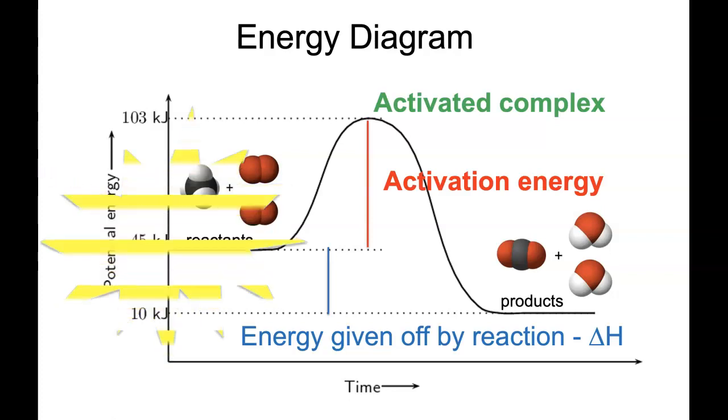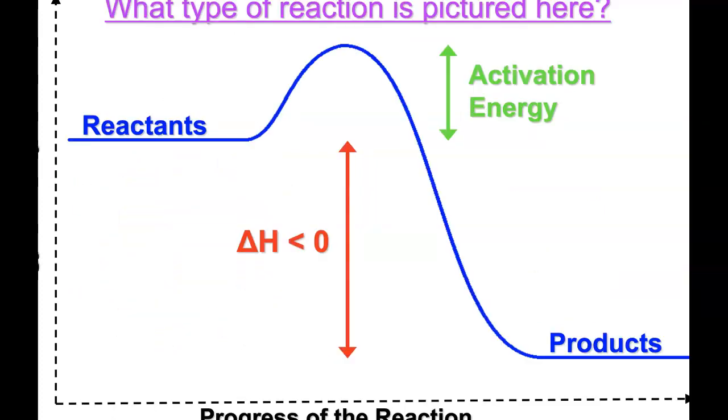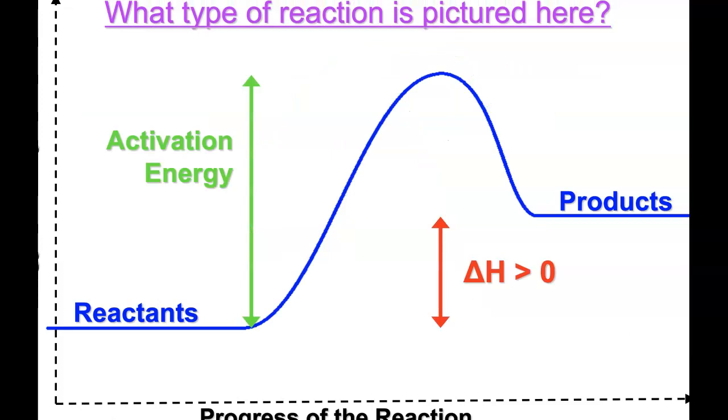Again, this is an exothermic reaction. So how about this one? What would you say this type of reaction is? If you were saying exothermic, you're exactly right. How about this one? Endothermic? Yes, exactly.